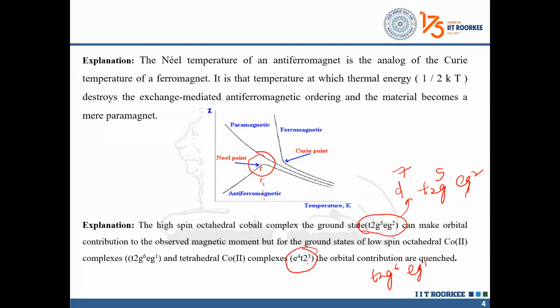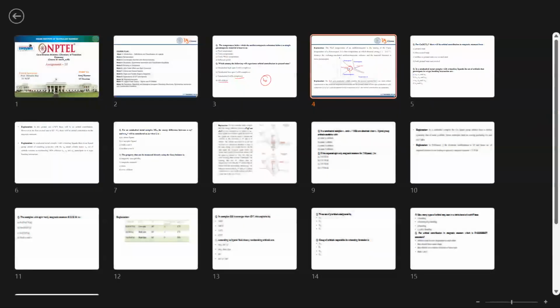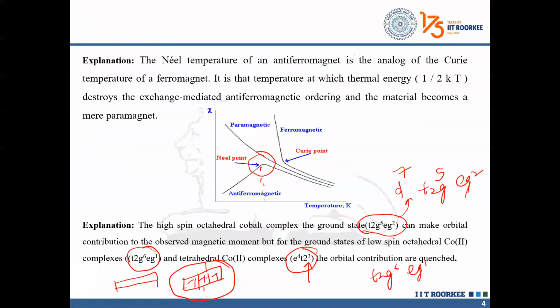So you can see if it is t2^3, here this triply degenerate orbital set is symmetric, right? And a similar case here, there is also a symmetric configuration, but in this case you are getting the unsymmetric configuration in the t2g orbitals.